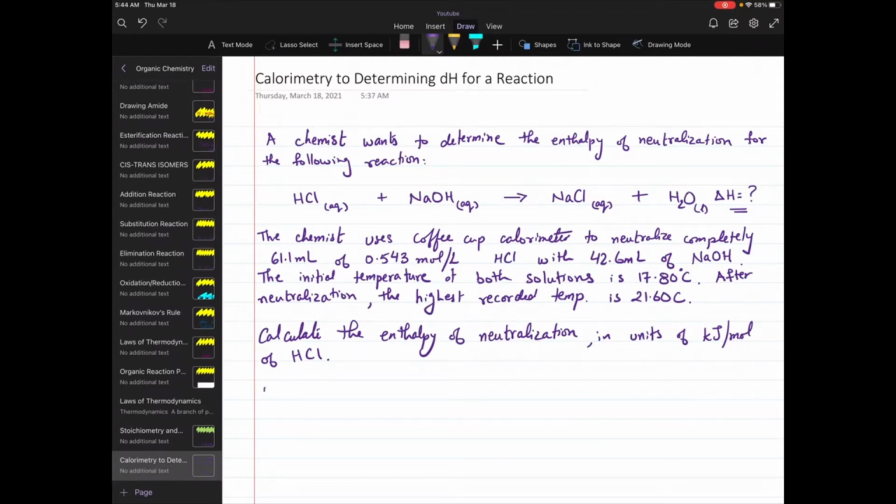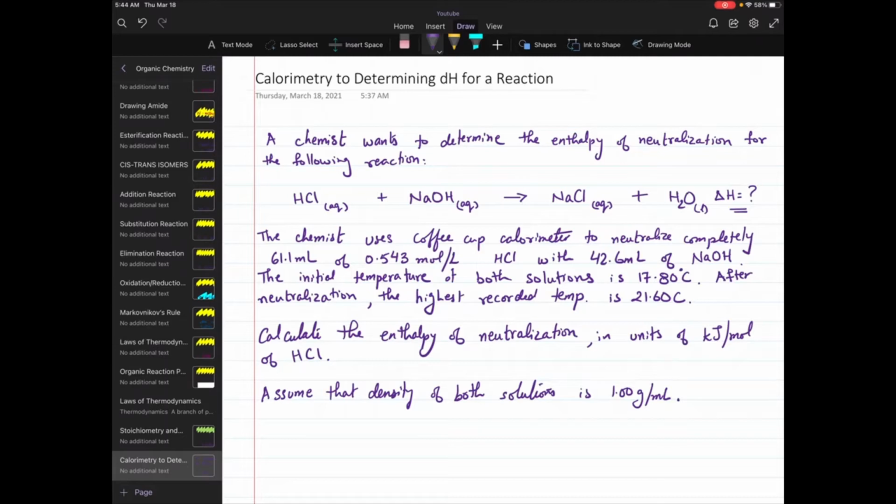Also, additional information that they gave us is we can assume certain things to make our work a little bit simpler. Assume that the density of both solutions is 1.00 grams per milliliter, which makes a conversion easy, because if the density is 1.00 grams per milliliter, that means if I have 1 gram, I can substitute that for 1 milliliter, or if I have 1 milliliter, I can substitute that for 1 gram of the substance.